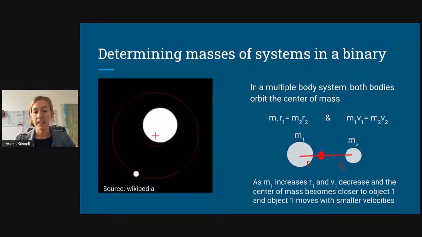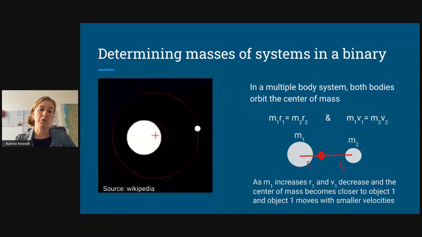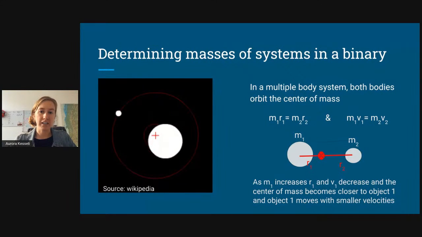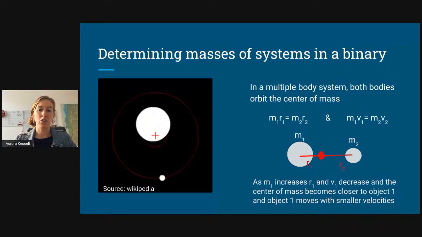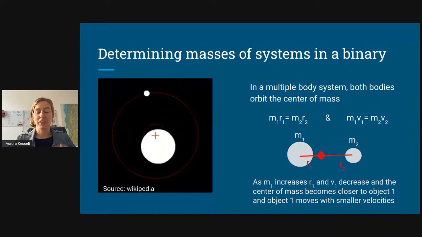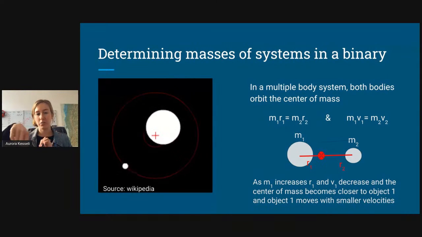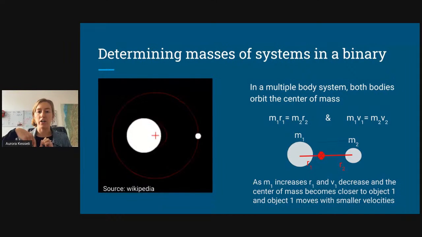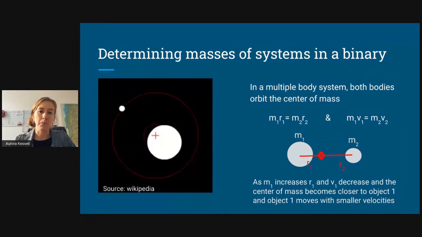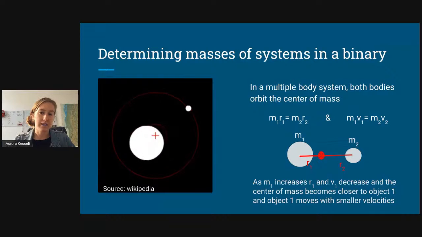any system that is in a binary, so either two stars or a planet and a star, is going to be orbiting a center of mass. Usually when we think of an exoplanet orbiting a star, we think the star is still and the exoplanet is just going around the star. But in reality, both the exoplanet and the star are orbiting the center of mass.